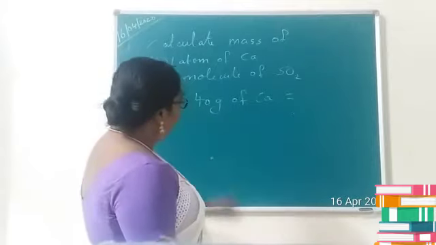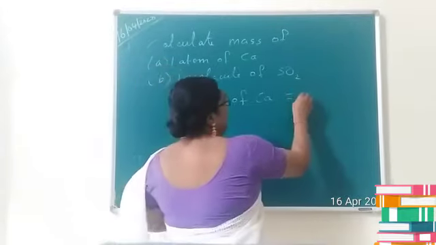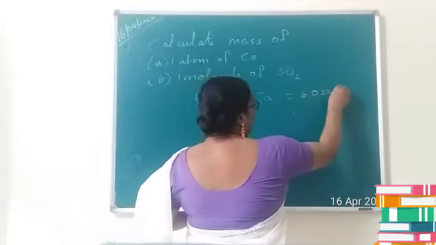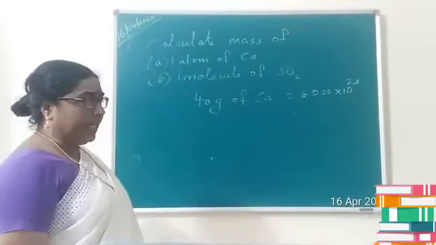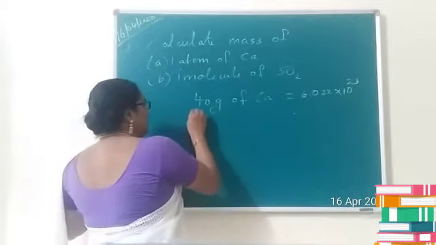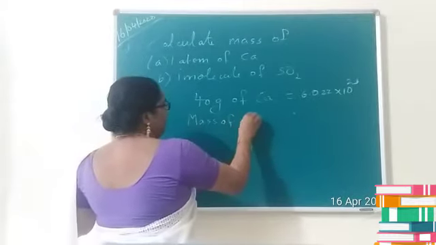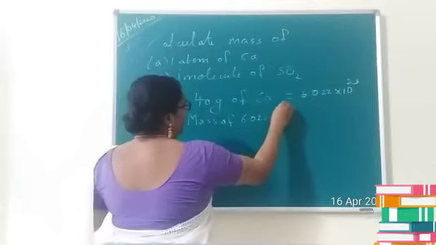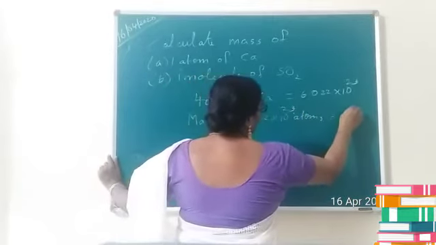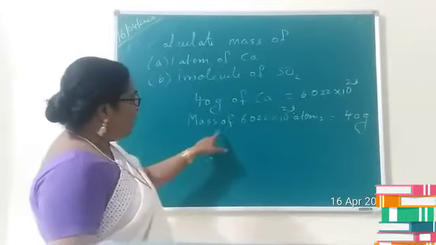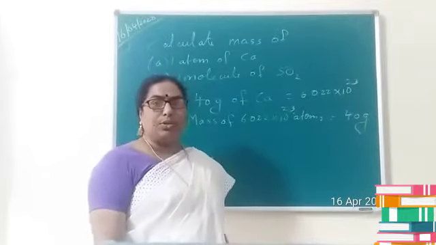So we can say that 40 gram of calcium contains 6.022 into 10 to the power 23 atoms of calcium. Or we can say that the mass of 6.022 into 10 to the power 23 atoms of calcium is equal to 40 gram. Is it clear? Mass of these many atoms is equal to 40 gram.